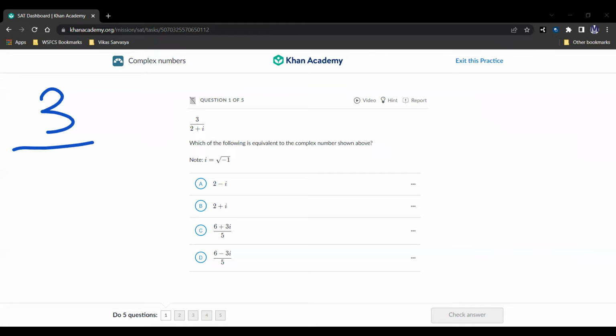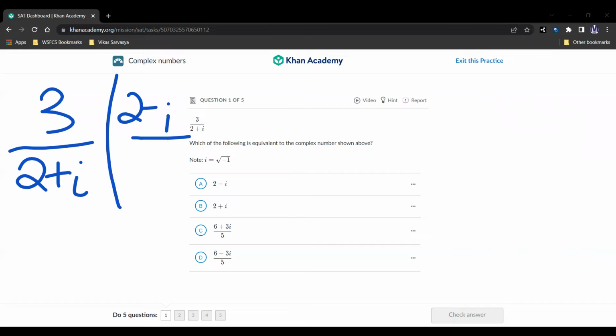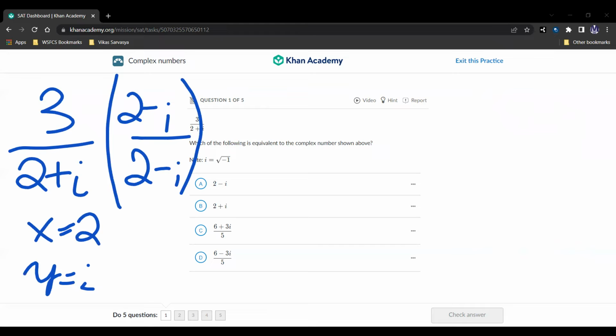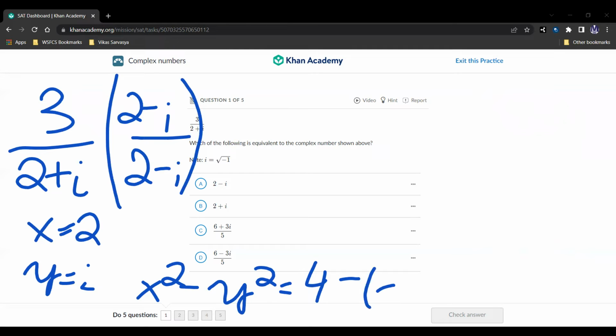So we have 3 over 2 plus i, and we're going to multiply by 2 minus i over 2 minus i. Right, now what? Well, the 2 plus i times 2 minus i in the denominator, well, x is going to be 2, y is going to be i, and we have x squared minus y squared, which is going to be 4 minus -1 equals 5.